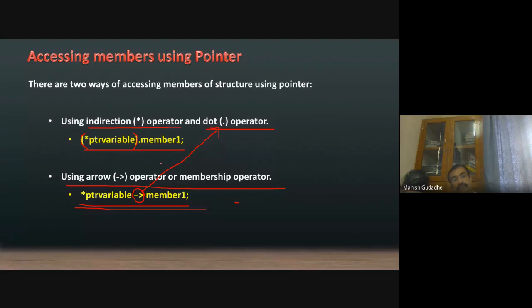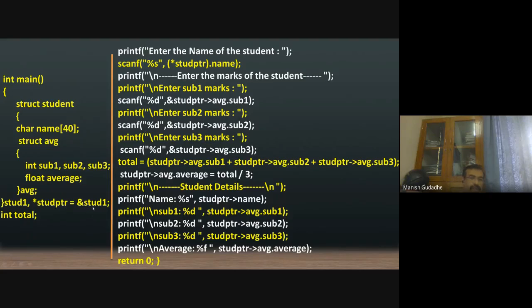With a dot operator, the left hand side will not be a pointer variable, whereas with an arrow operator, the left hand side will definitely be a pointer variable. So there are two methods of accessing the members using a pointer variable. Let us see an example.